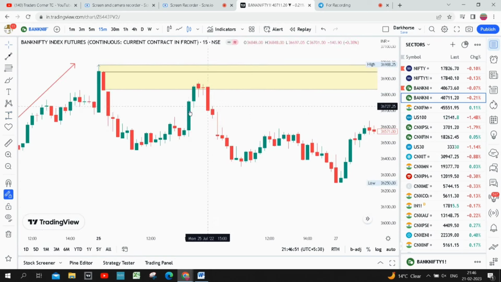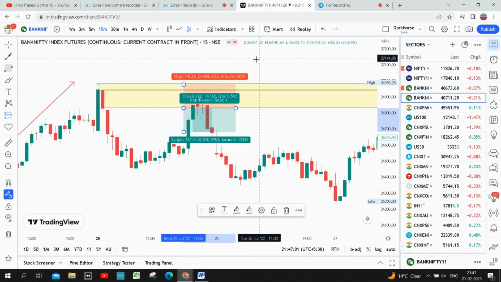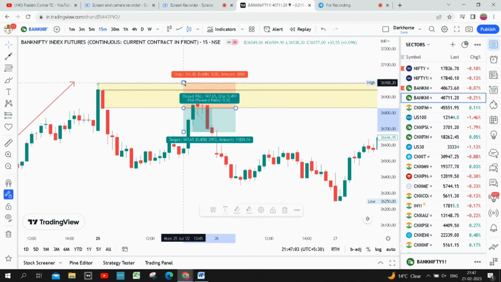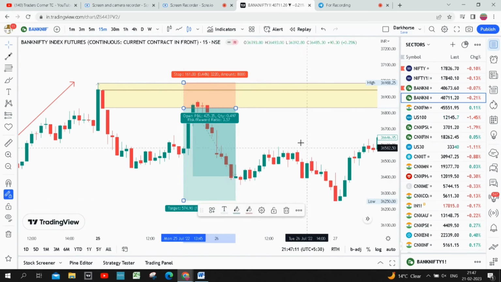So what has happened? Market came down. Over here, it took entry. And for a risk of 161 points, first target of 483 points, second target of 574 points it has given.